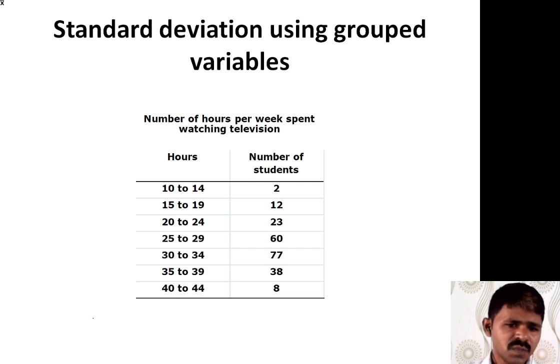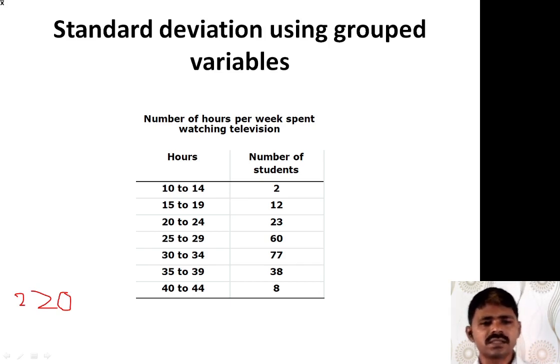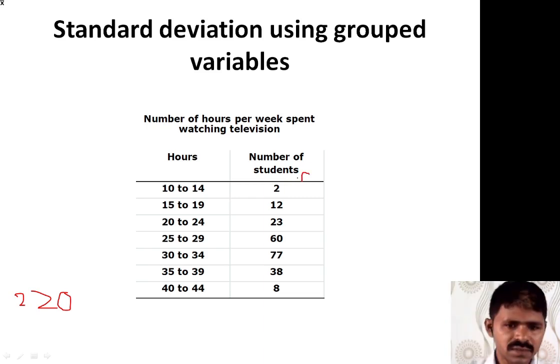Here 220 students were asked how many hours they used to watch TV in a week, and their responses are kept as frequencies. These are the frequencies we got, and these are the groups or class intervals.